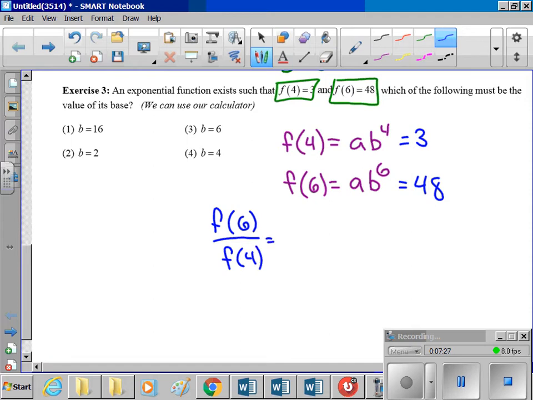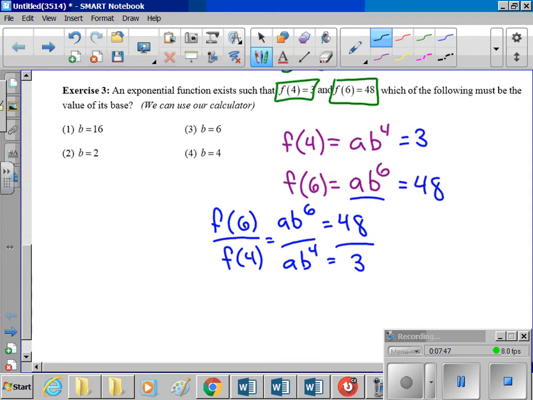We have ab to the 6th equals 48 on the top. And on the bottom, we have ab to the 4th equals 3.